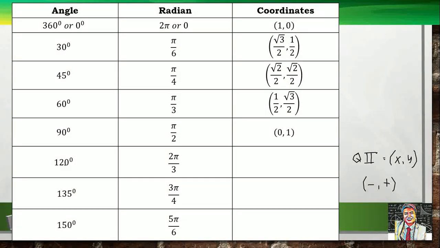So, ngayon, punta natin. The reference angle of 120 degrees is 60 degrees. 60 degrees ang reference angle niya. Wherein the coordinates of 60 degrees is 1 half and square root of 3 over 2.